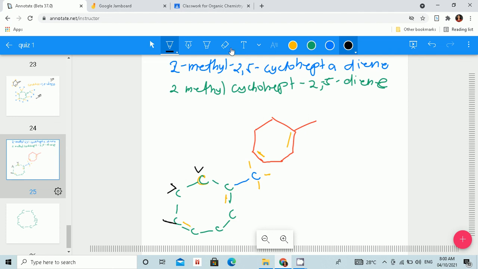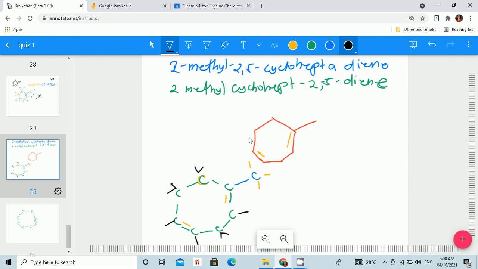It has double bonds. So, one carbon, then one carbon. One bond, sorry, one bond, two bonds, one bond. 1, 2, 3, 4 already occupied.